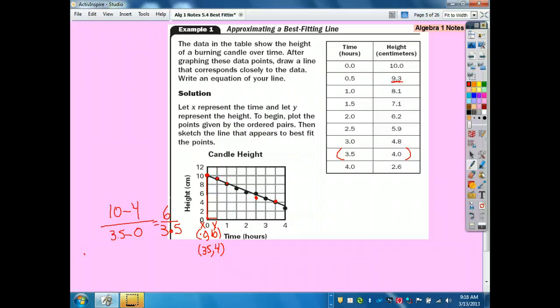Or we could clear the decimals and take everything times 10. If I take all these times 10, what do I get? 6 times 10 is 60 over 35. Now simplify that. What would you get?